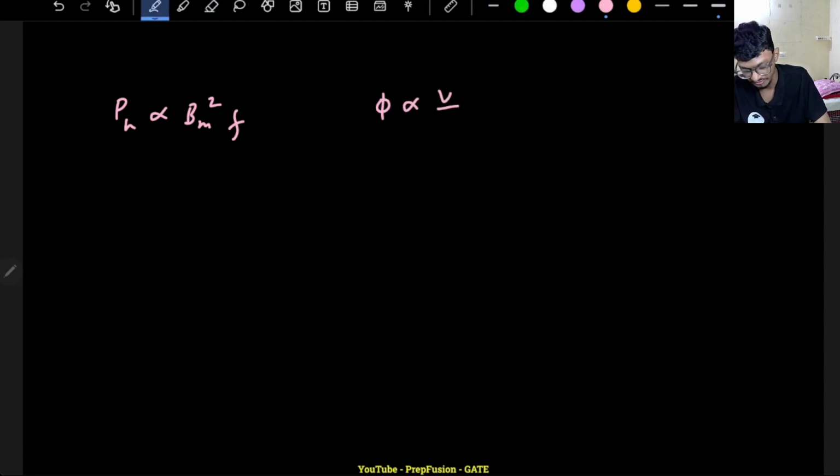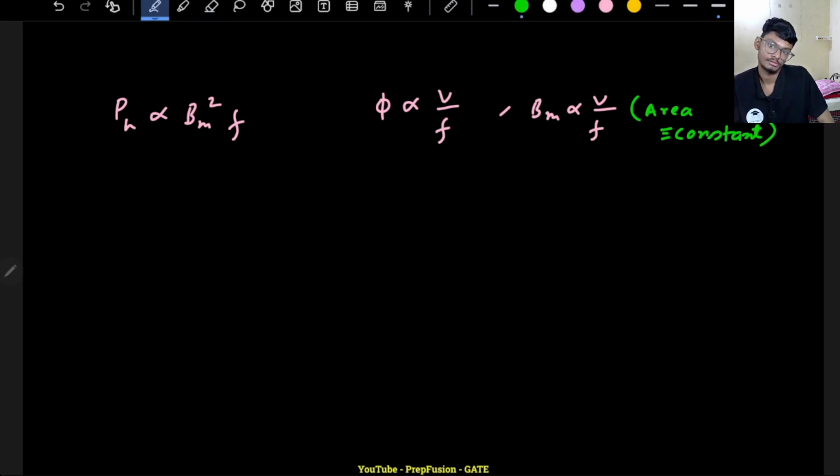Or if the area is constant, then my Bm will be proportional to V by F, assuming that the area of the core is constant.